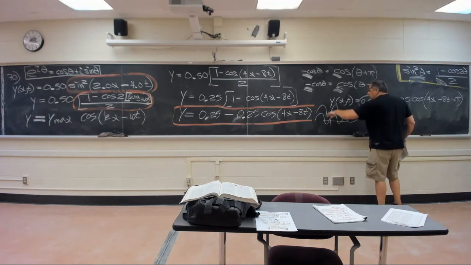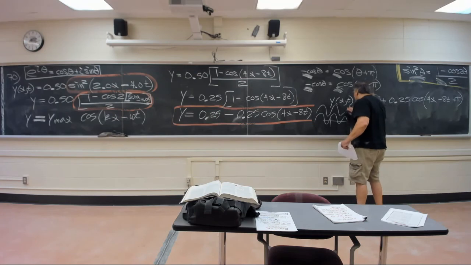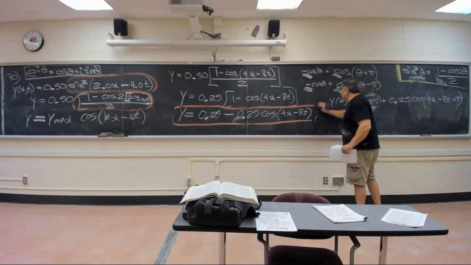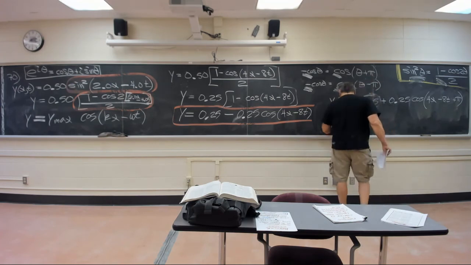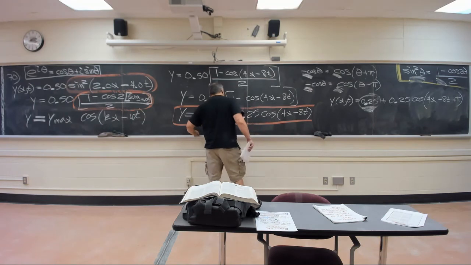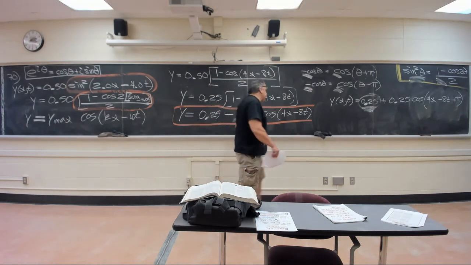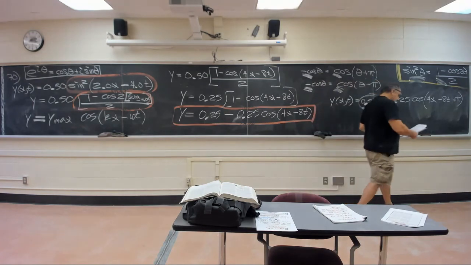It's the same thing, just picked up. I care about the behavior of the oscillations. The plus 0.25 just means the axis has been picked up. The x-axis has been picked up 0.25 units, 0.25 meters.